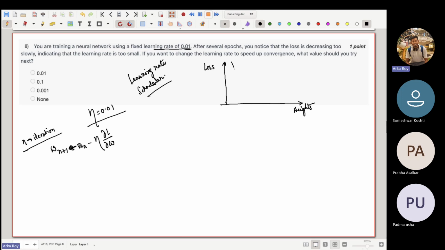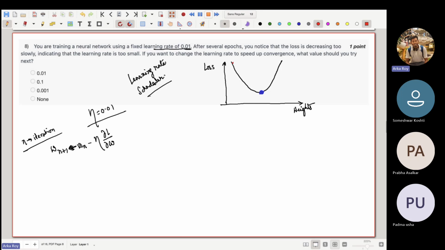So let us consider you have a convex loss surface and you have a global minima over here. What you want to achieve, because at this particular position you get the lowest loss value, is that your model converges at that particular location.